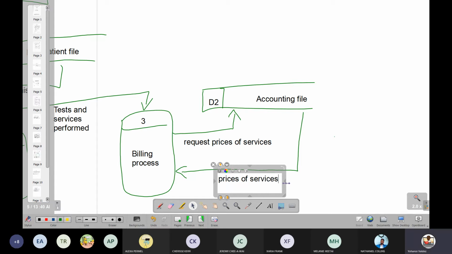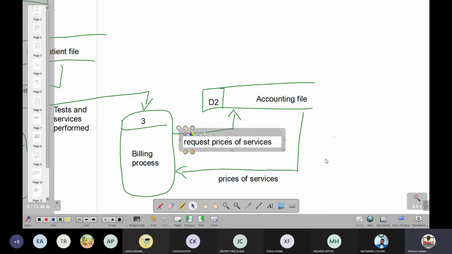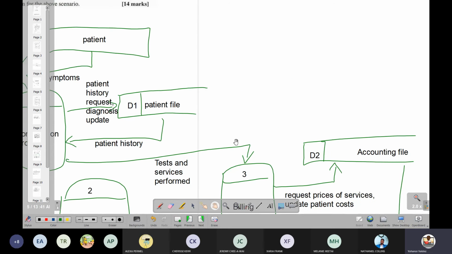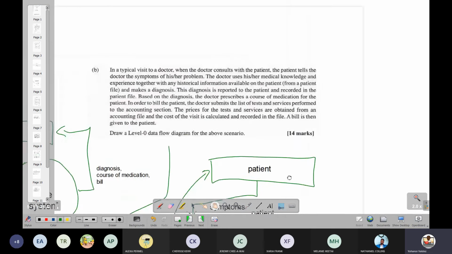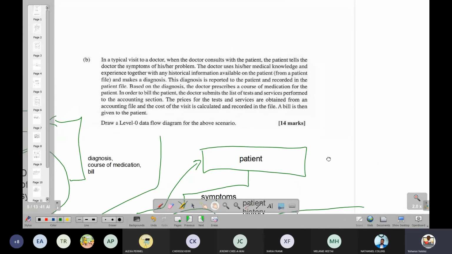And of course, afterwards, we have to put in what was calculated. So we update the patient cost, right? We update the patient cost, and then, based upon what is calculated inside of there, we will send a bill to the patient.